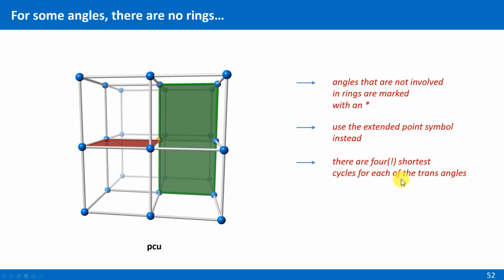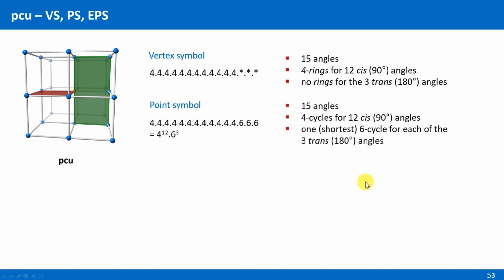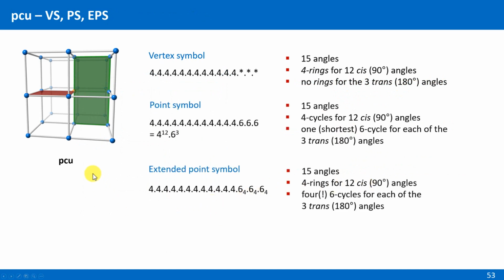So there are 4 shortest cycles for each of the trans angles. Here the vertex symbol, the point symbol, and the extended point symbol for the net PCU is shown again in this overview, and I think this was it.